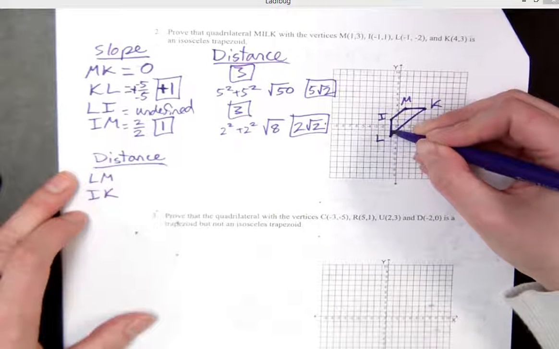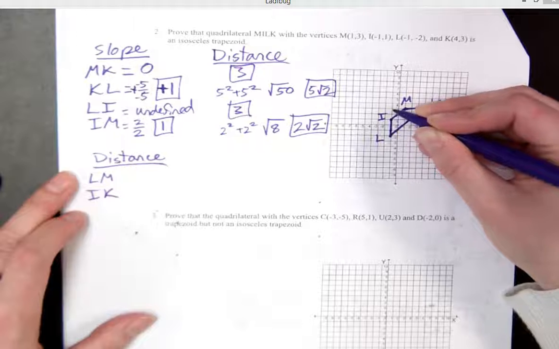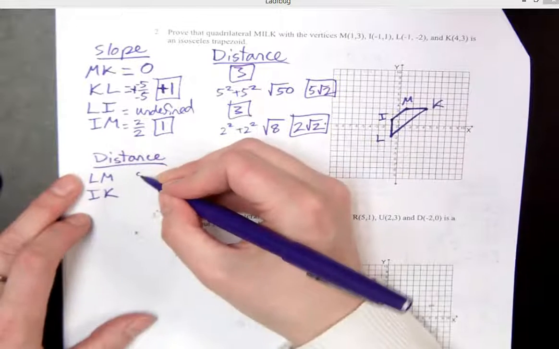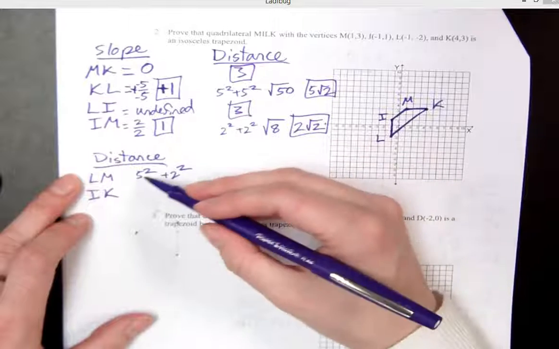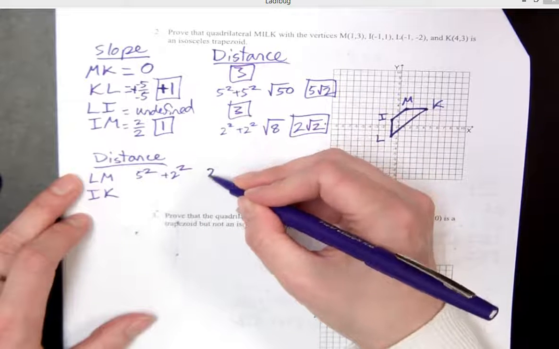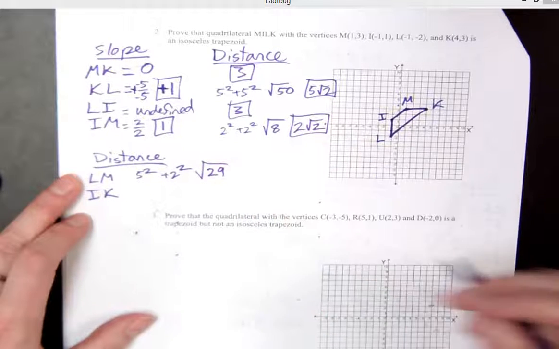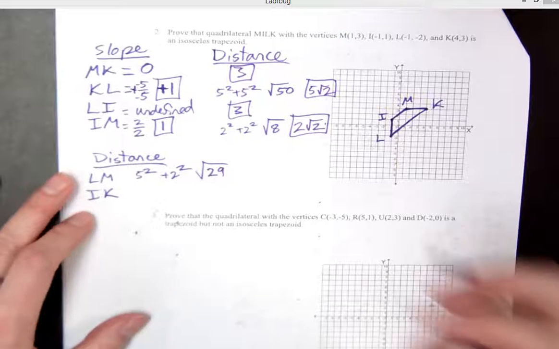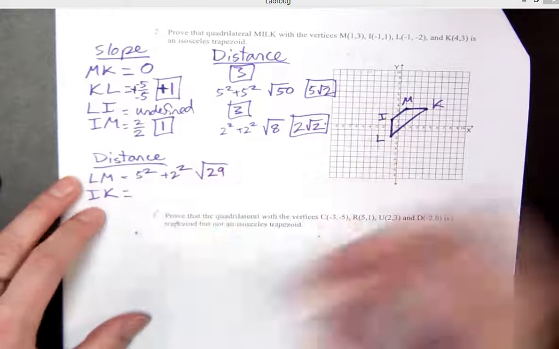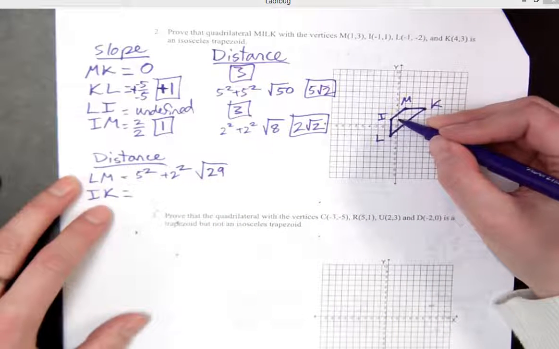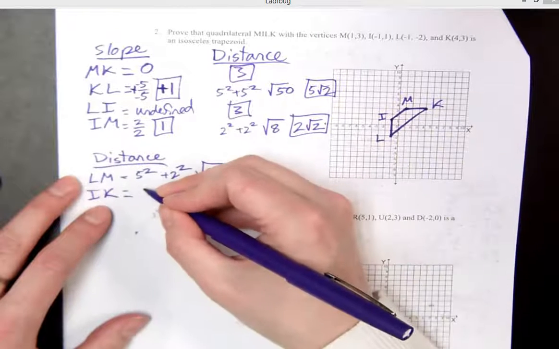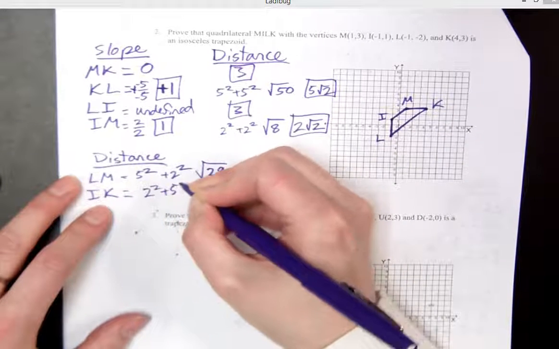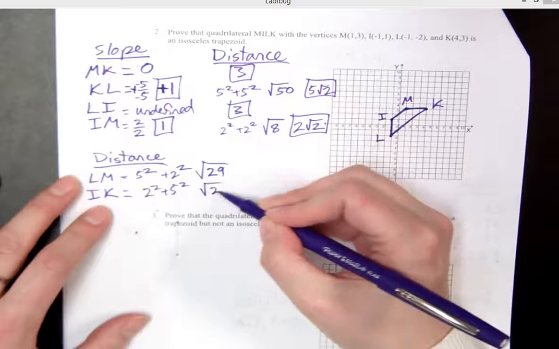So L to M, I go up 1, 2, 3, 4, 5. 5 squared plus 2 squared, so 29. Does that reduce or simplify? No, that stays that way. And then I to K, I go 1, 2, 3, 4, 5 over and up 2. Is that the same thing? Yeah, square root of 29.